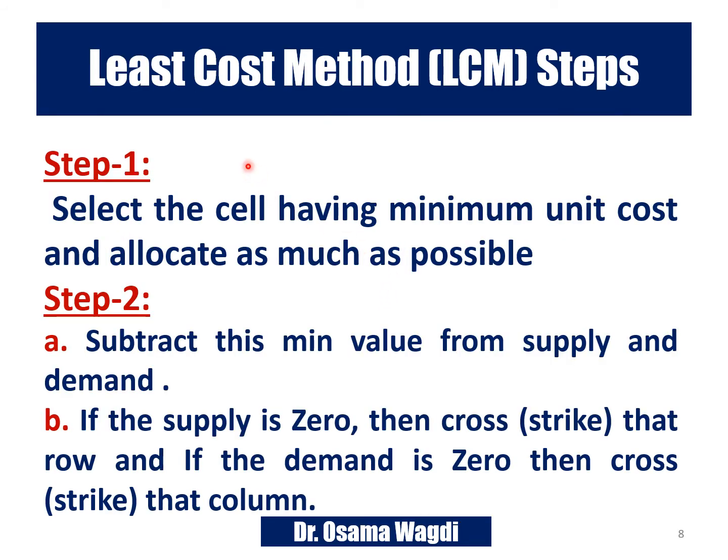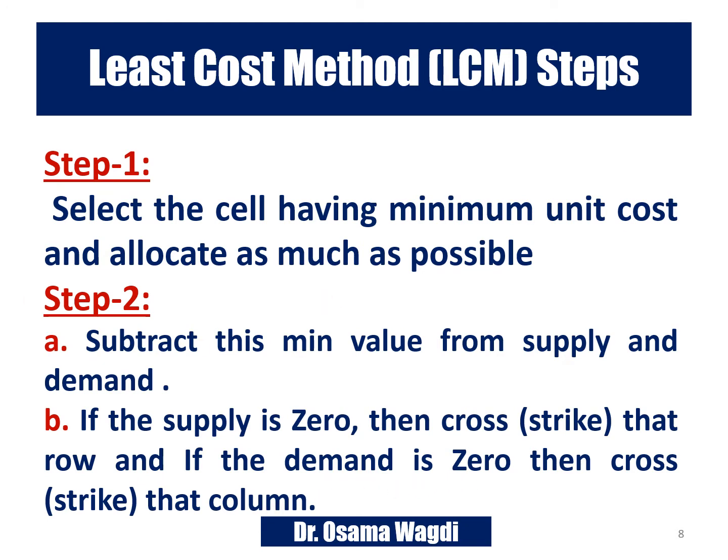And to solve least cost, we will do it in 3 steps. Okay. The first step, step number 1, select the cell having the minimum unit cost and allocate as much as possible. That means I'm looking for the least number in dollars. Okay. Step 2, subtract this minimum value from supply and demand. Second, if the supply is 0, then cross that row, and if the demand is 0, then cross that column.